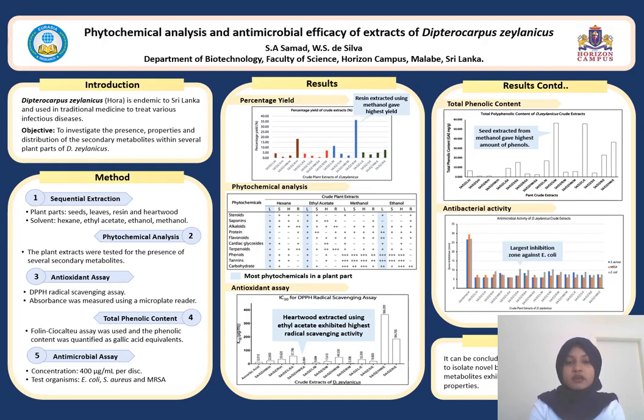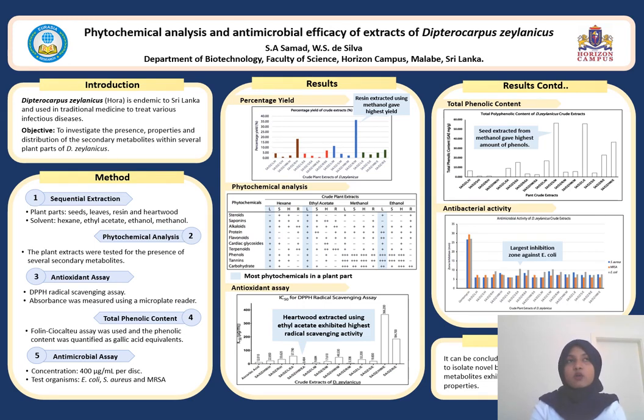As for the antioxidant assay, the IC50 value indicates the concentration of the extract at which it gives 50% of activity. For ascorbic acid, the IC50 value was about 12 micrograms per milliliter.